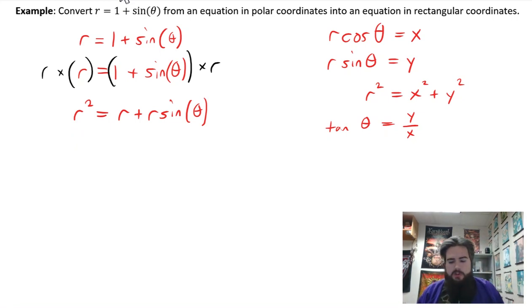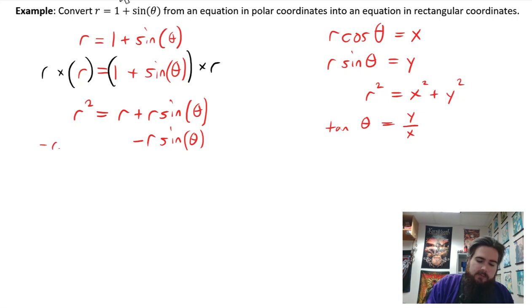What I'm going to do at this point is let's take all the stuff that is already in a format that I like, and I'll group them together on one side. So I'm going to subtract r sine of theta from both sides to have r squared minus r sine of theta is equal to r.